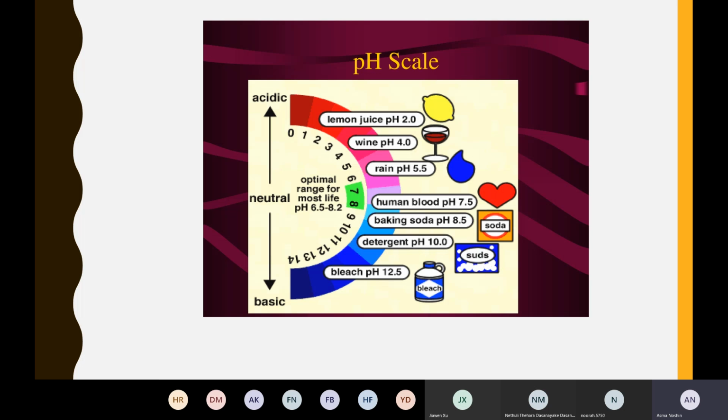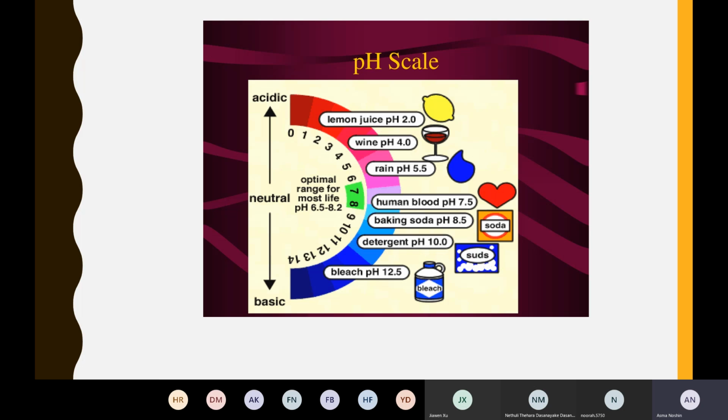So it has positive ions and also hydroxide ions. That is why they are equal. Hydrogen positive ions are present and hydroxide negative ions are also present. That is why it is considered neutral.